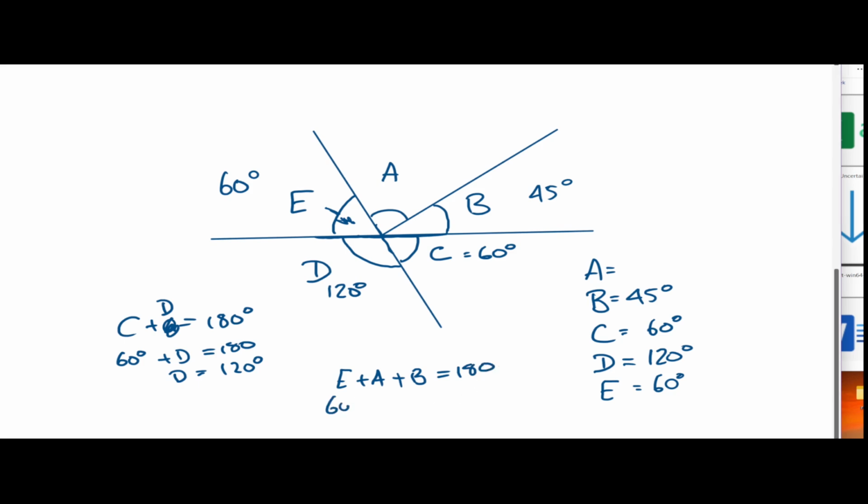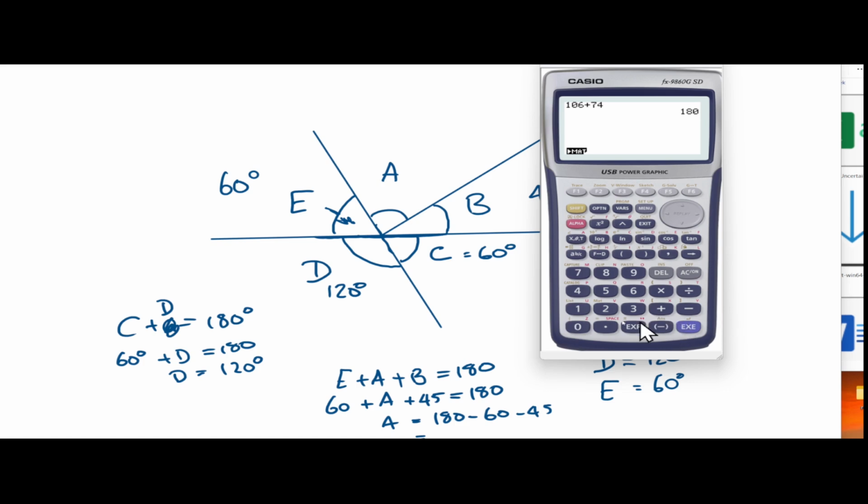We know that E is 60 degrees plus A, that's what we don't know, plus 45 degrees equals 180 degrees. So A must be equal to 180 minus 60 minus 45. And if we grab our calculator, we find that 180 minus 60 minus 45 comes to 75 degrees.